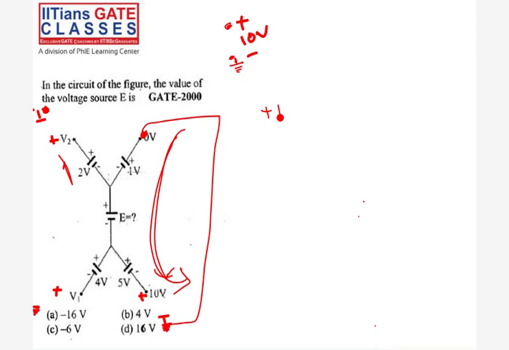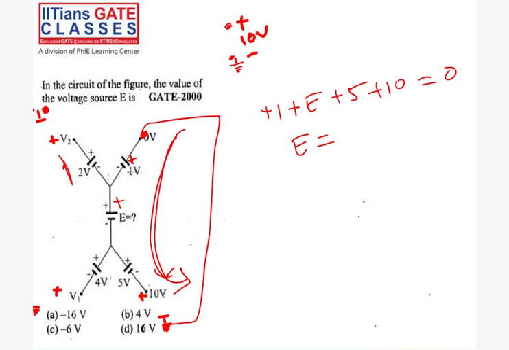You understand it, right? You should always write down the first sign you encounter when you do this, and circle it. You can consider either clockwise or anti-clockwise. I consider the anti-clockwise because it's easier to understand. So this is plus 1 plus E plus 5 and plus 10 is equal to 0.